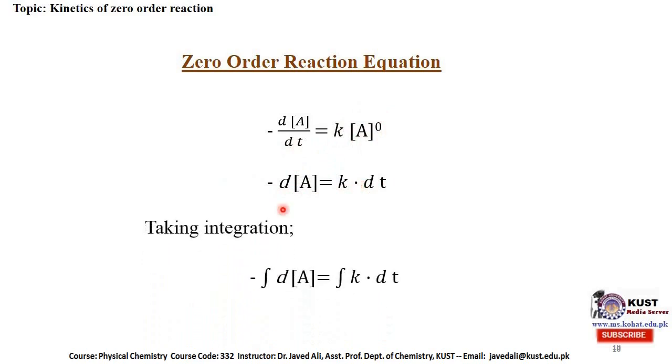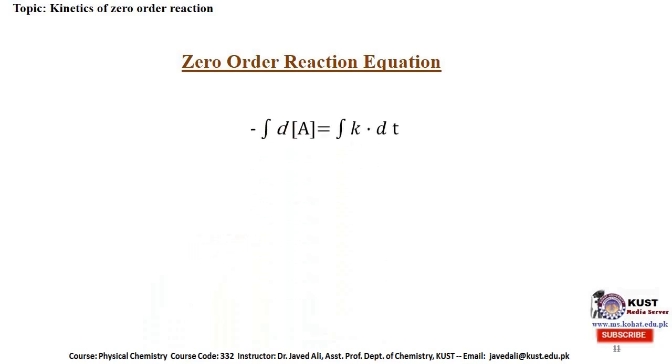To convert this equation into integrated form, we can take integration of this equation. Now K is constant, so we can take out K from the integration. So now the equation is minus integration dA is equal to K integration dt.